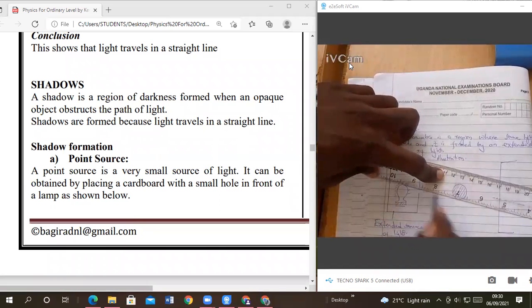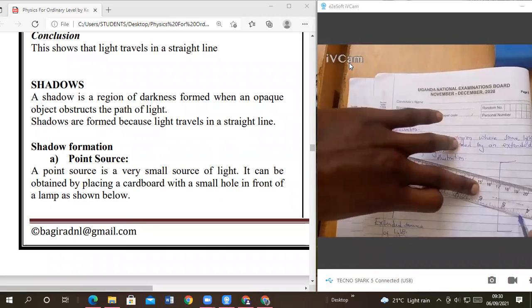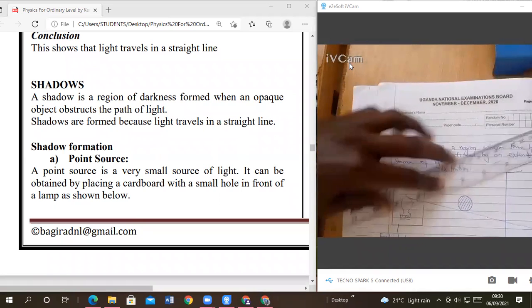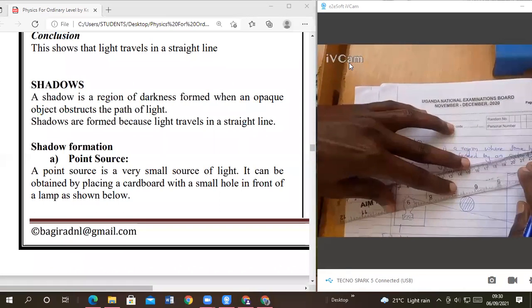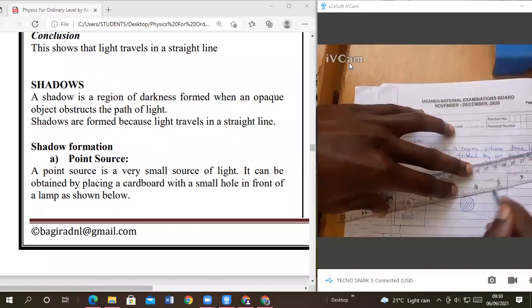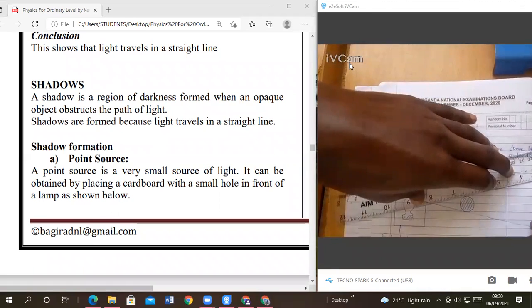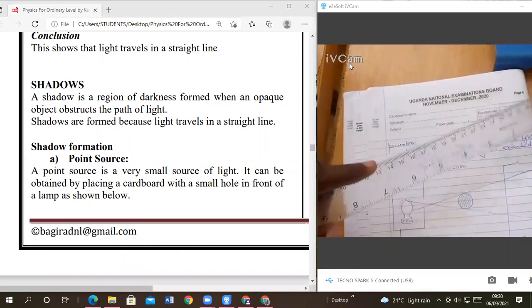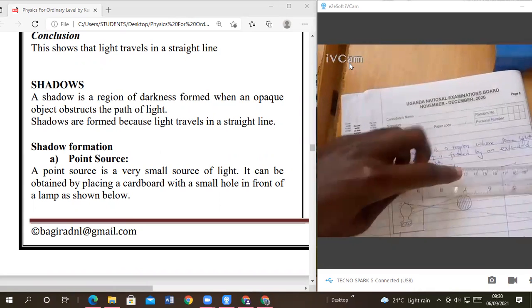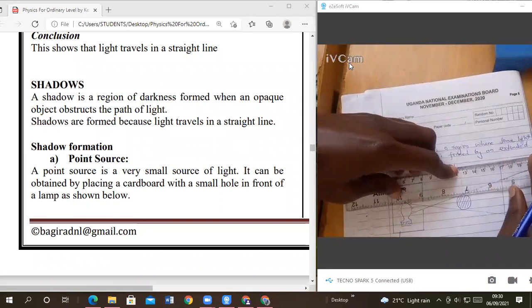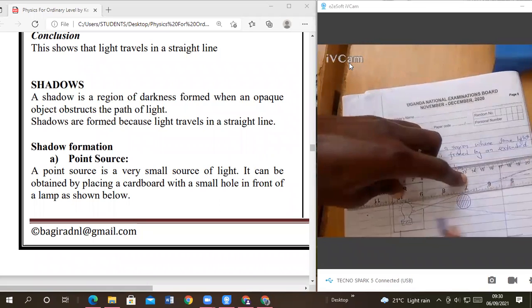From that point, we draw it to that, like that. Then also from that point, like that. Now this time, the rays must come from the same point.